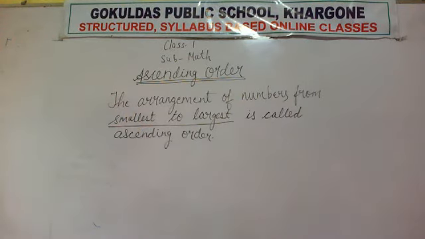Okay, write this definition. Copy this fast from the board. The arrangement of numbers from smallest to largest is called ascending order.